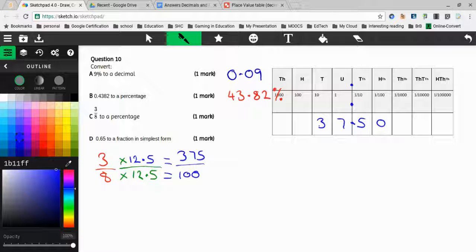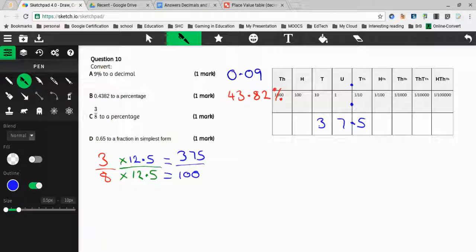Because we've jumped 2 decimal places over, that gives us our percent. So we can write that simply as 37.5%.